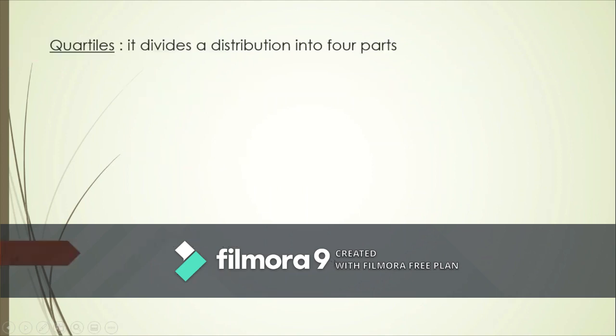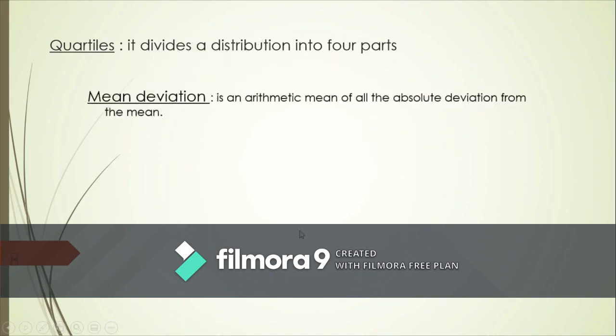So, sa quartiles naman po, it divides the distribution into 4. So, sa mean deviation naman, is an arithmetic mean of all the absolute deviation from the mean. So, for mean po, which is very important in statistics under measure of dispersion, we have this formula.